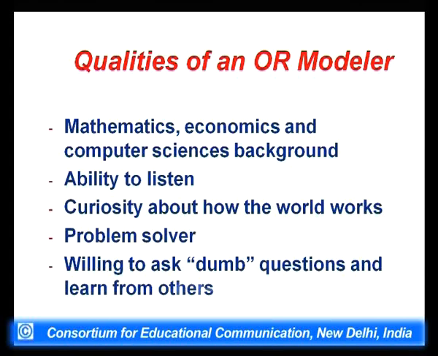And then he should be willing to ask dumb questions and learn from others. Dumb questions means vague questions. He should be ready to ask vague questions so that he gets to know in depth the narration of the problem or the description of the problem. All these qualities are a must in a particular modeler.